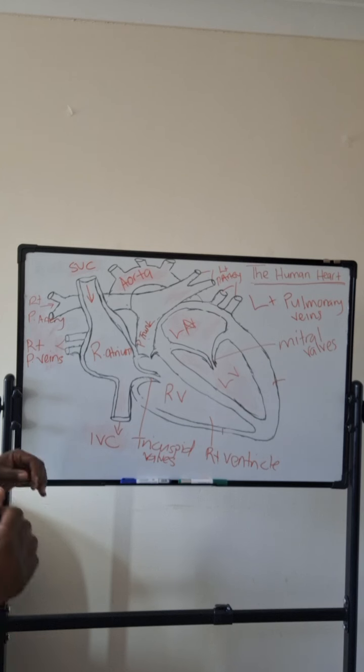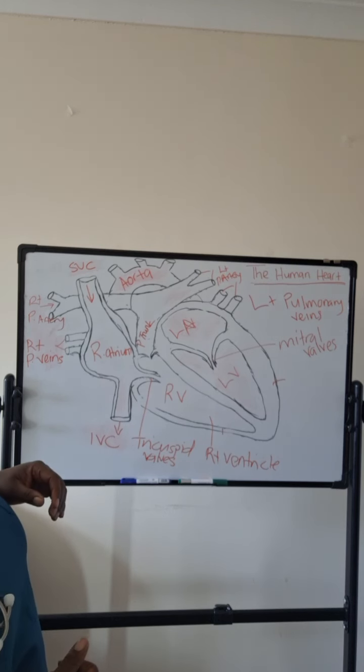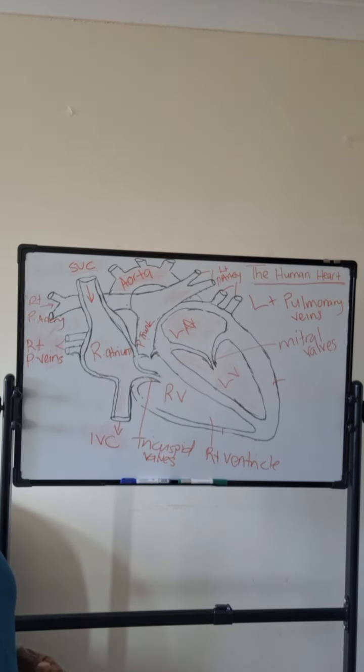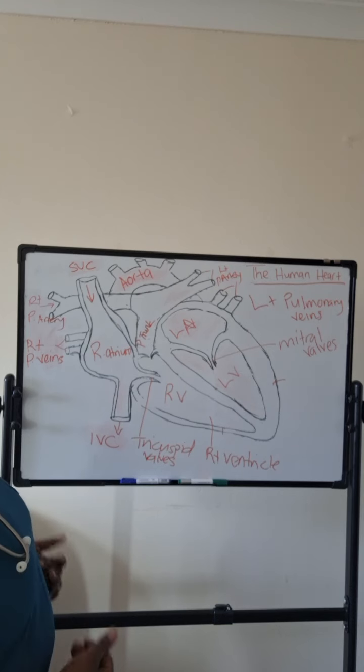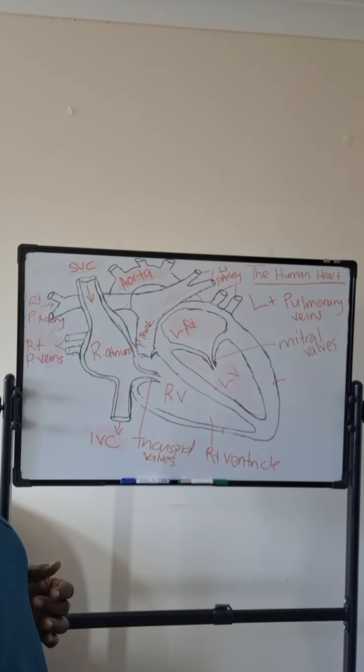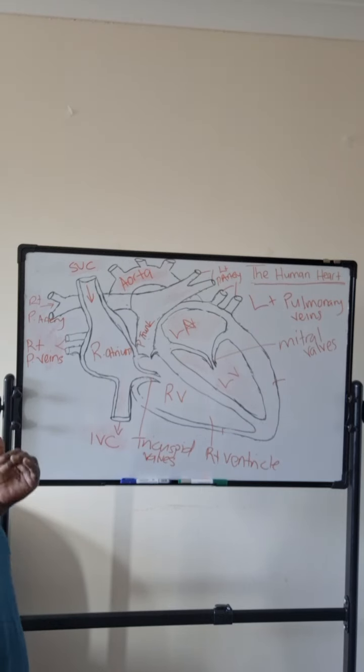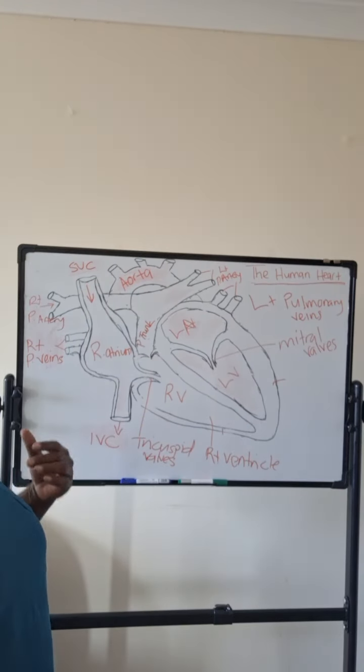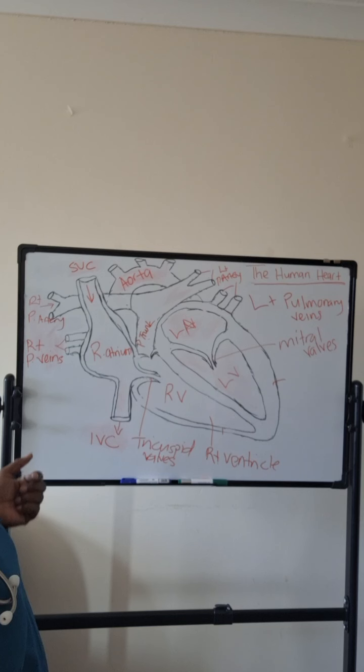The heart is slightly to the left of the body rather than to the right. One third of the heart is on the right side of the midline of the body, while two thirds of the heart is to the left side of the midline.